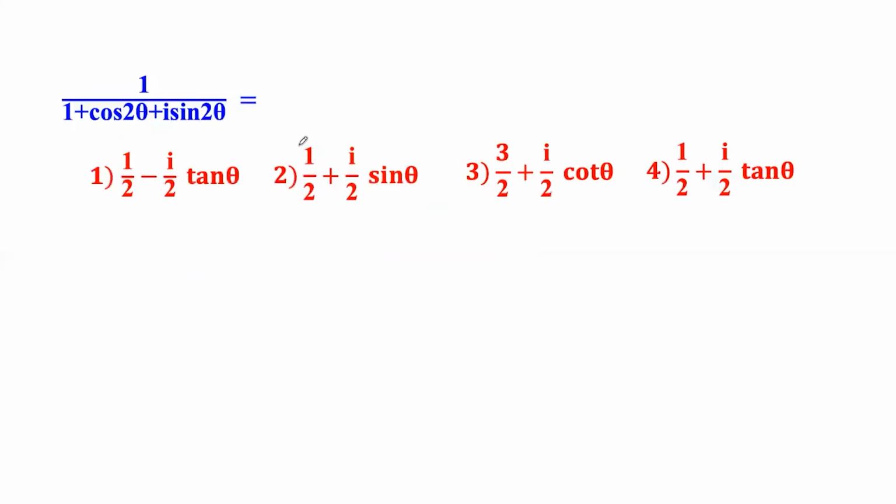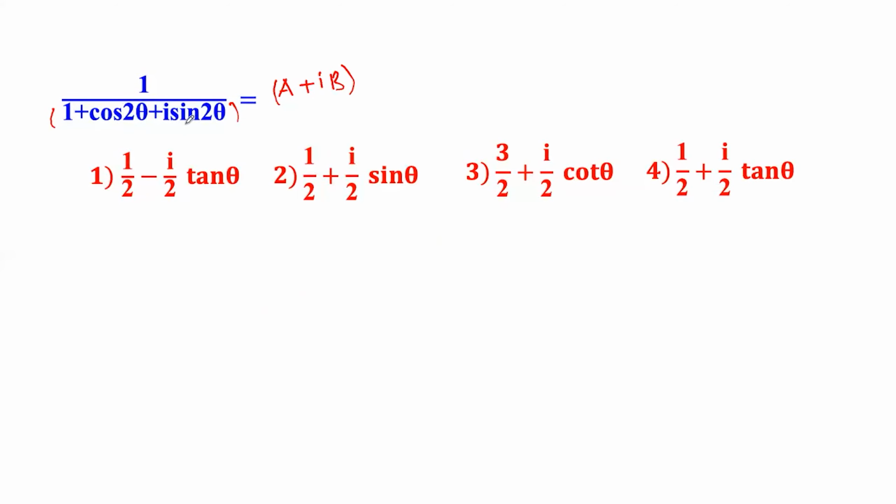So we are starting with basic questions, where we have to solve complex numbers. In this question, we have to write this in the form of a plus ib. Everything is given in the denominator.